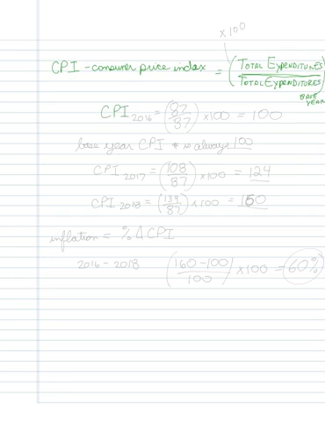So my CPI in 2016 is going to have the same number in the numerator and denominator: 87 over 87, and then we multiply this by 100, and that gets us 100. The base year CPI number is always 100.